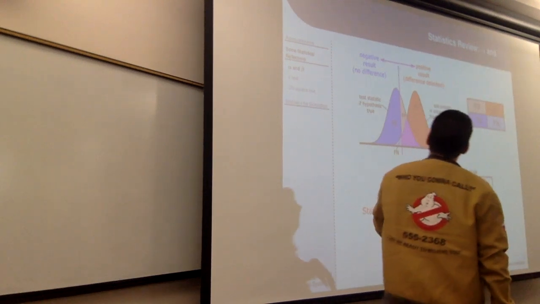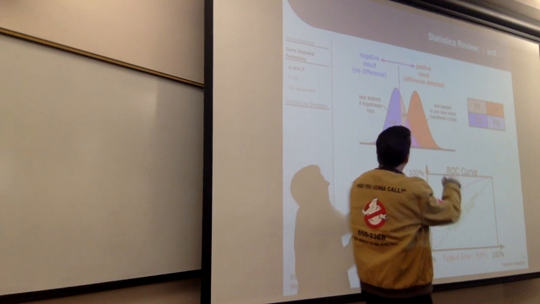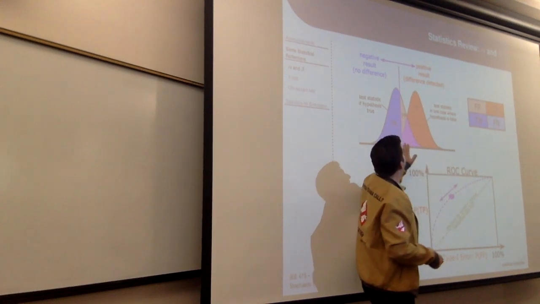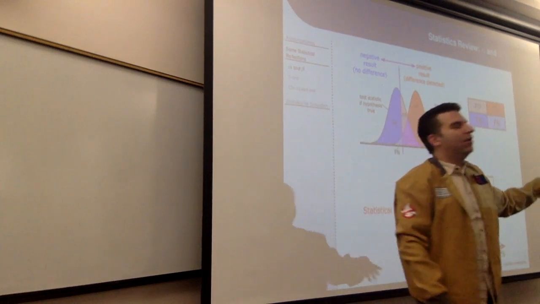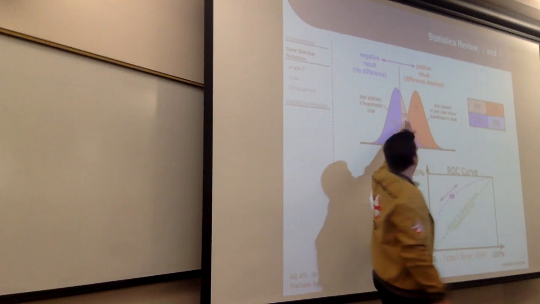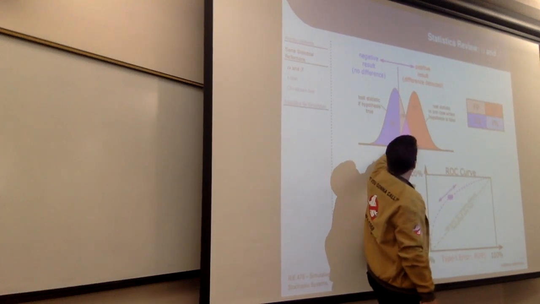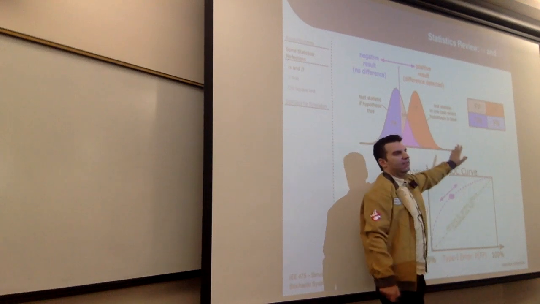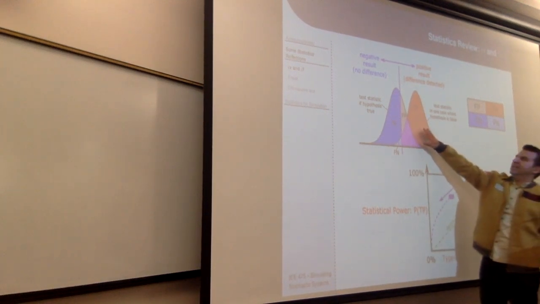And I accept that a certain fraction of my null will be beyond that threshold. And that difference that I detect, that positive result, will be a false positive. And so the false positive rate is equivalent to our alpha. Alpha is this area of the curve under the null to the right of our threshold. And so we would like to detect things in this curve.